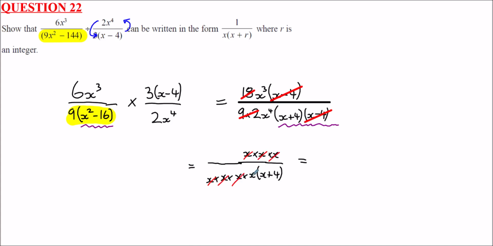So I have just one x on the bottom. On top everything cancels, everything divided by itself just gives 1. On the bottom I've got x, then brackets, x plus 4.